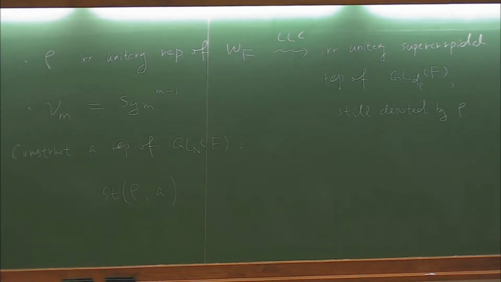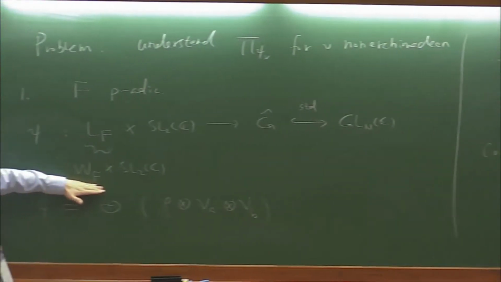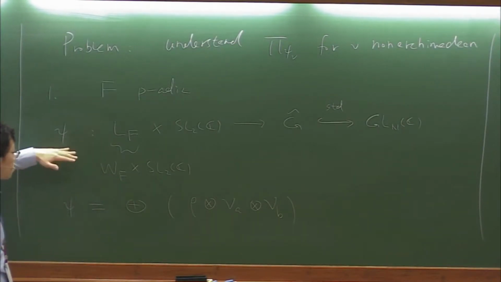Pardon? Why is it a direct sum? Yes, you can think of this as just like a representation of a finite group. In this parameter, we have some conditions. In particular, we want this to be semi-simple, so there is some semi-simplicity built into the definition of parameters.